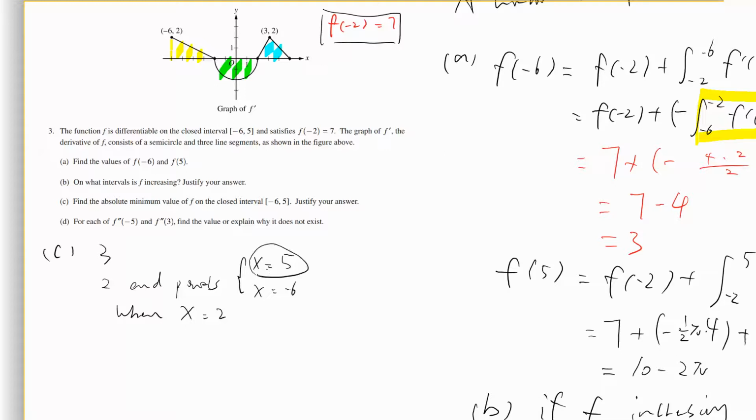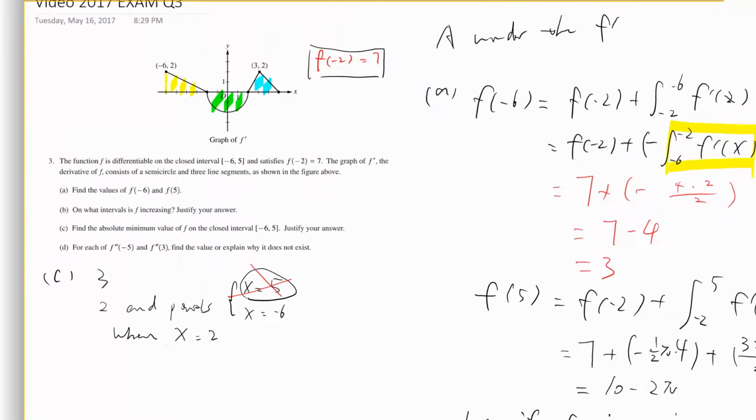The endpoints are x equals 5 and x equals -6. We can immediately eliminate x equals 5 because f of 5 is f of 2 minus the green semicircle plus the blue triangle, so f of 5 is definitely greater than f of 2. However, we do need to test the other endpoint and when x equals 2.